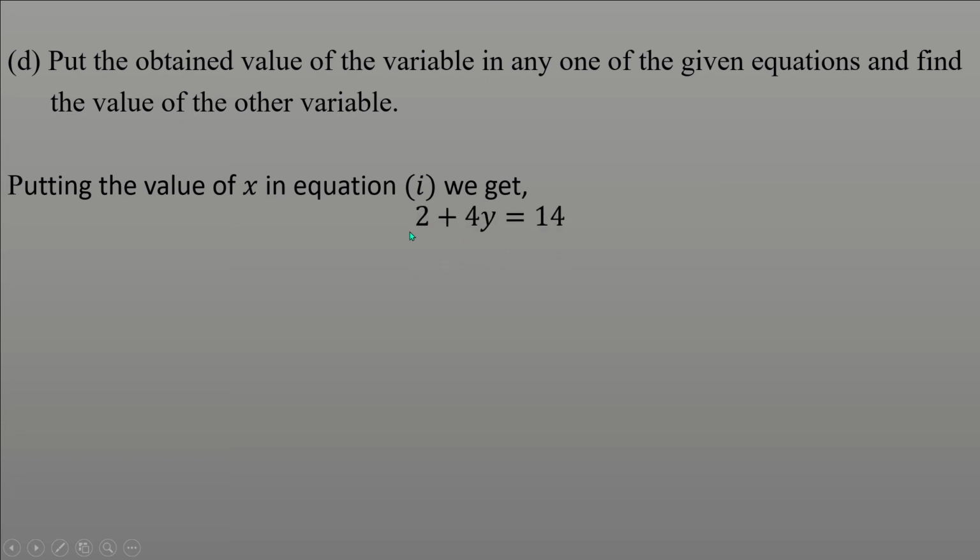As x is equal to 2, we can write 2 plus 4y equal to 14, or 4y equal to 14 minus 2. Therefore y is equal to 3. Clear?